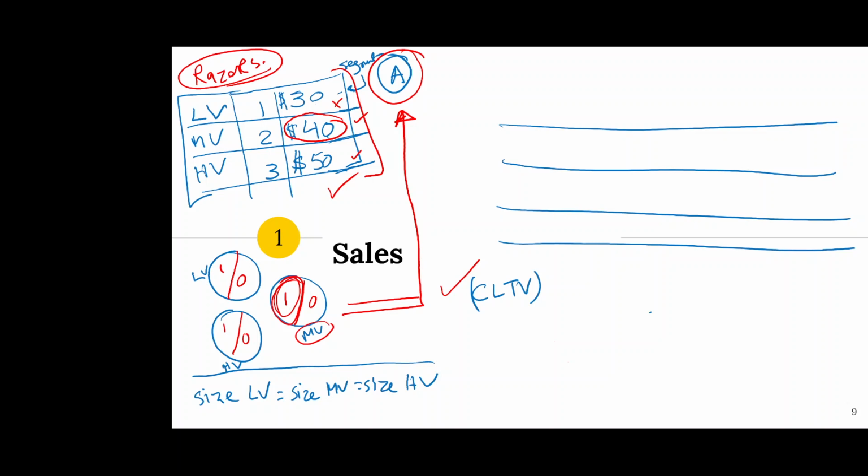We're going to put it as the following. We're going to say 30 minus 50, and then we're going to say this over 50. That would be about a 40% discount. And then if we are putting the price at 40, then that would be a 20% discount.